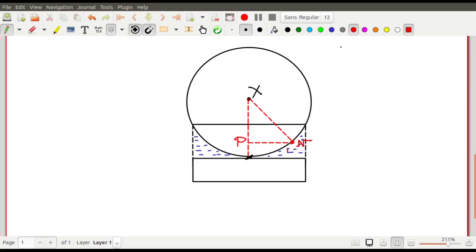So that capital N point only, and the thickness at this point is t. Suppose the thickness at this point is t. Fine.